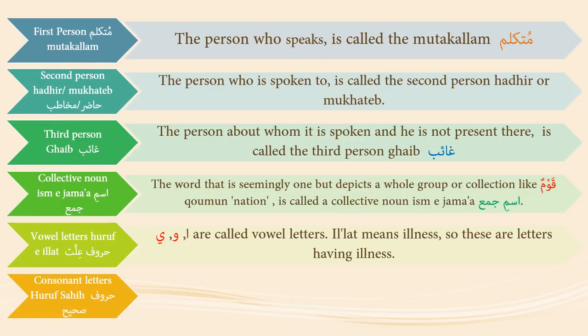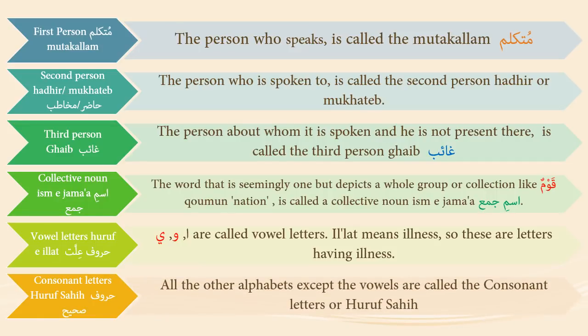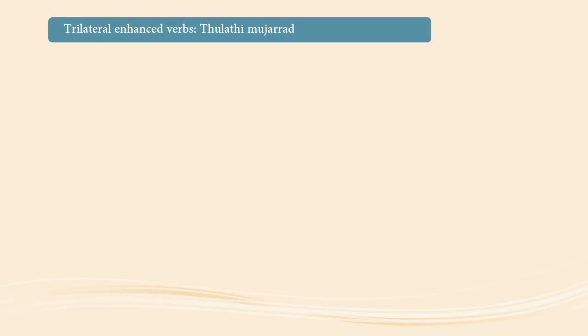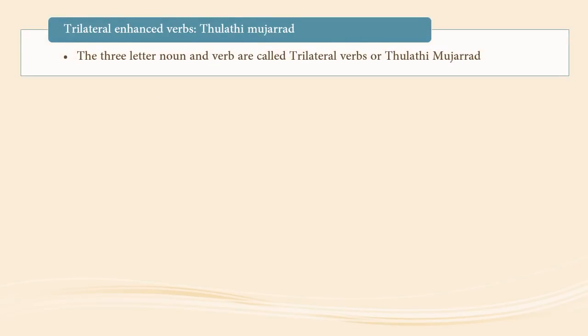Consonant letters, huruf sahih. All the other alphabets except the vowels are called the consonant letters or huruf sahih. Trilateral verbs, thulathi mujarrad. The three-letter noun and verb are called trilateral verbs or thulathi mujarrad.